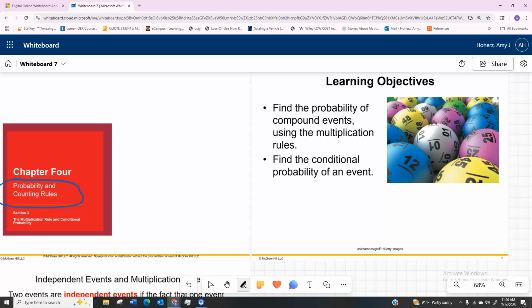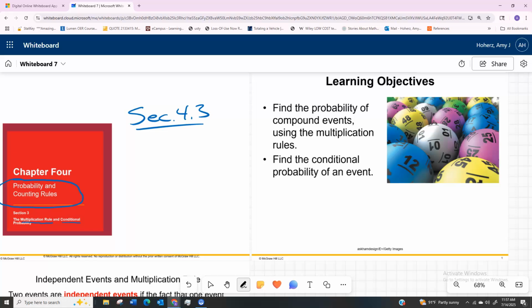And today we're going to be talking about, in section 3, the multiplication rule and conditional probability. So again, this is section 4.3. Our learning objectives are to find the probability of compound events using the multiplication rules. Compound events are events that occur one after the other.